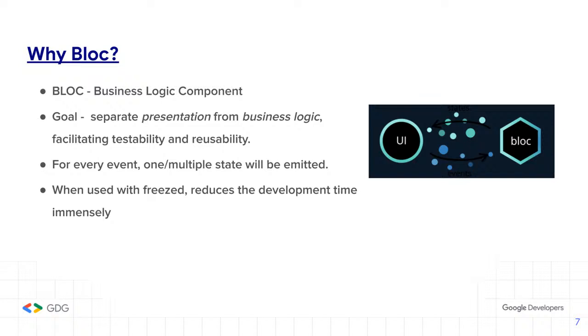When I'm updating the password, I'm going to call the password changed event. Similarly, when I press the sign in button, I'm going to call the sign in event. An event, in simple words, is when you make a change, you call an event. Now this change can have an impact, like for example, the sign in. There are three possible things that can happen when I click on the sign in button.